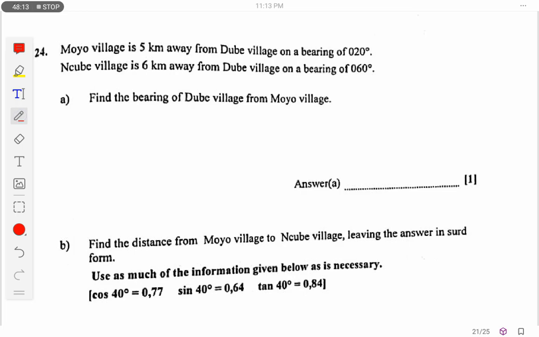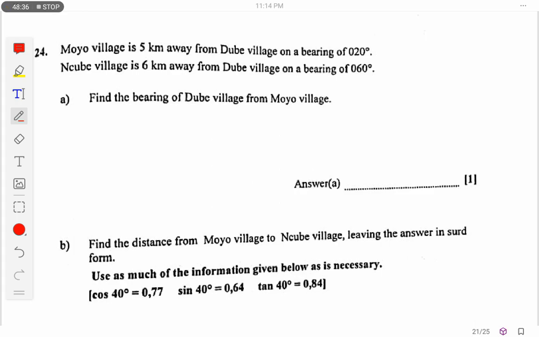Drawing this one. Moyo village is 5 kilometers away from Dube, at a bearing of 20. Dube is 6 kilometers away.